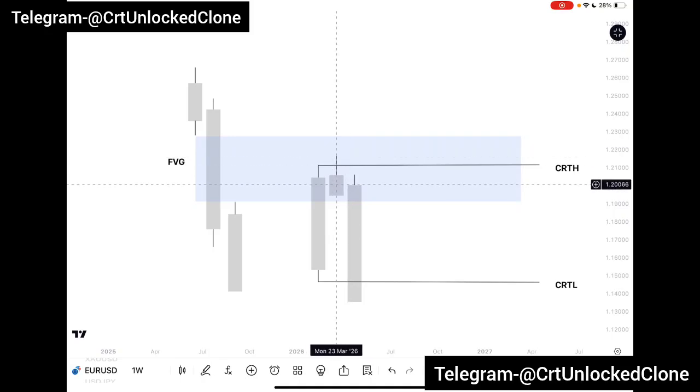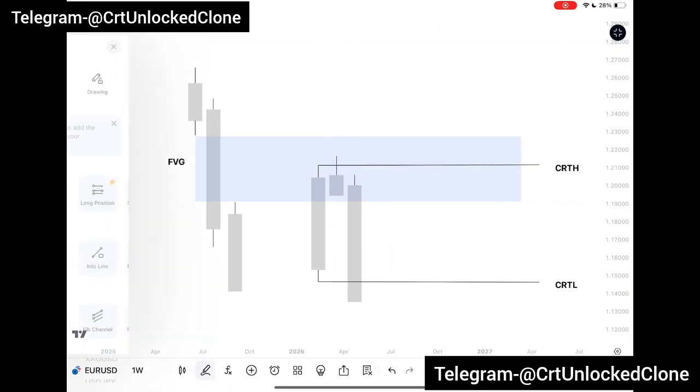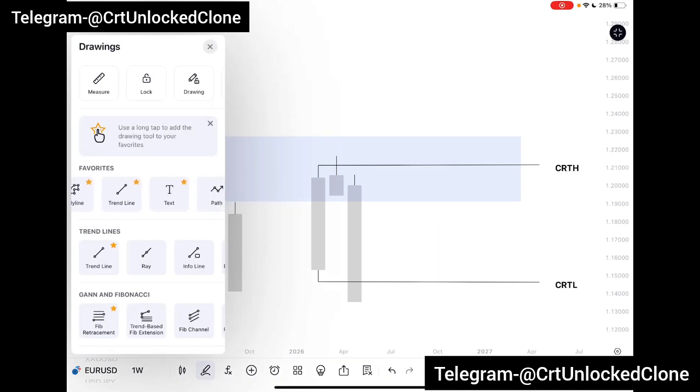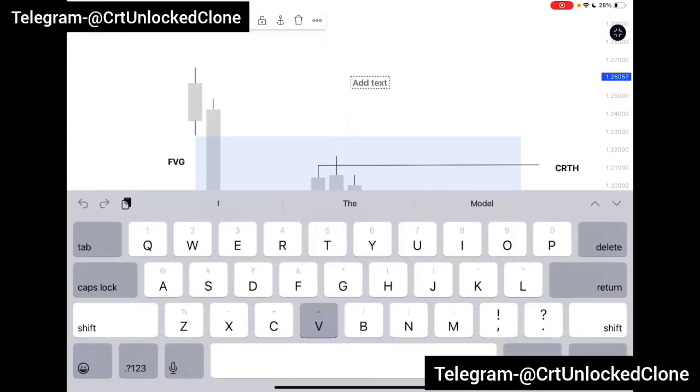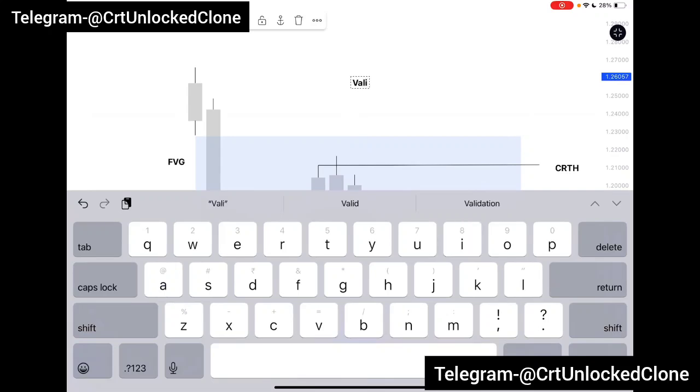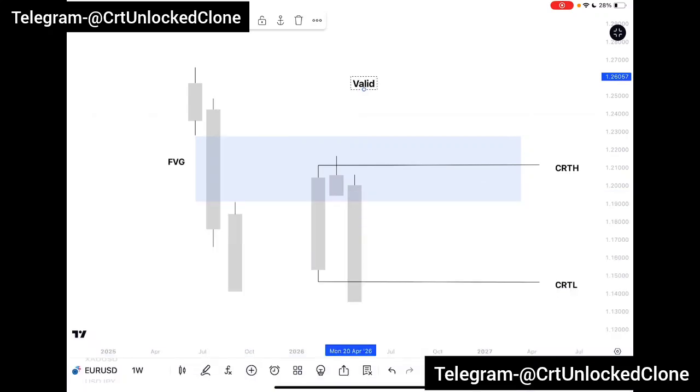Also, the manipulation candle which manipulated the high of the CRT candle is inside the key level FVG. This is a pure valid scenery. Let me write it and show it to you guys. This is a valid scenery, a very pure valid scenery. Now let's see the next scenery.